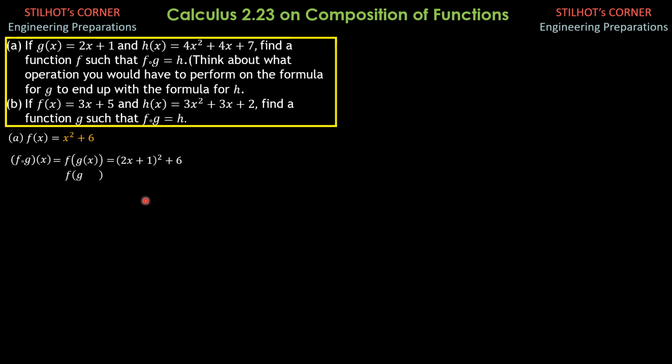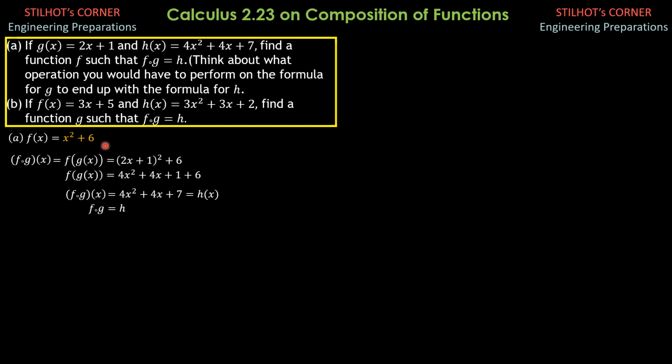Expanding, that would be 4x squared plus 4x plus 1 plus 6. So finally, f of g of x is really 4x squared plus 4x plus 7, and that is equal to h of x. So f of g is equal to h.